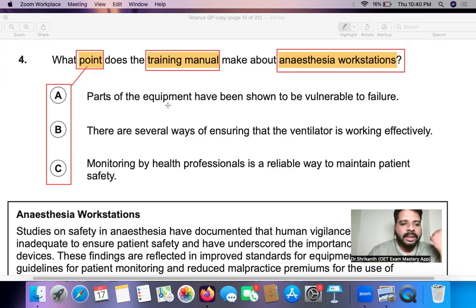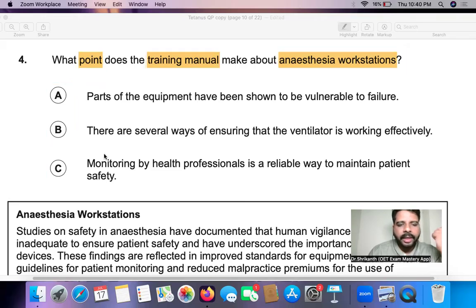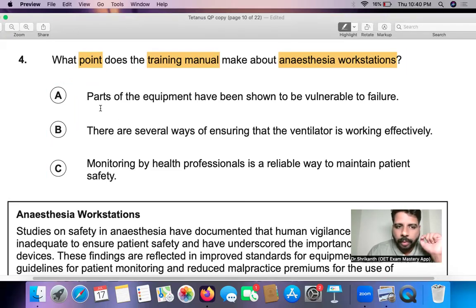So let's understand what is point number one. Let's read the first answer option over here. The first point is: parts of the equipment have been shown to be vulnerable to failure. Parts means what? Components. For example, when you talk about a motorcycle, the motorcycle will have so many parts to it, right?